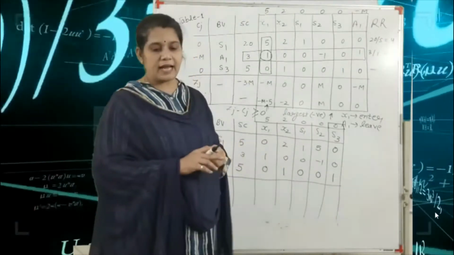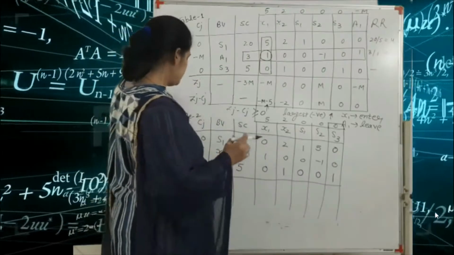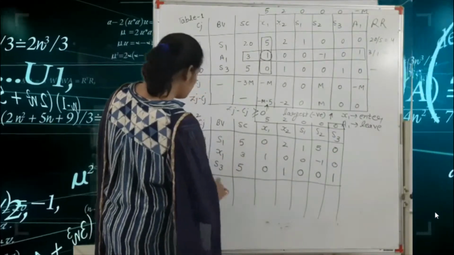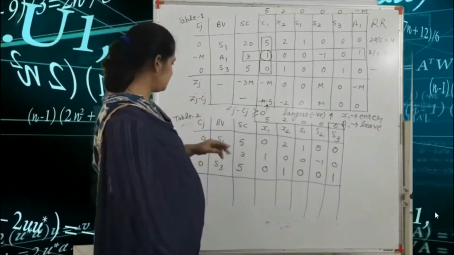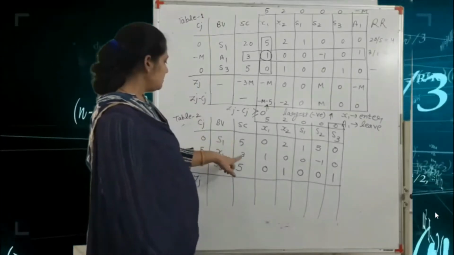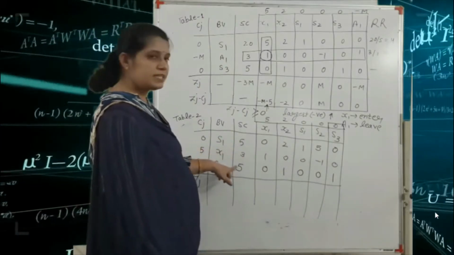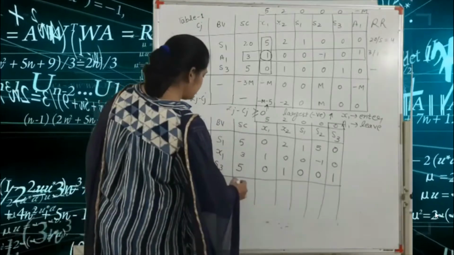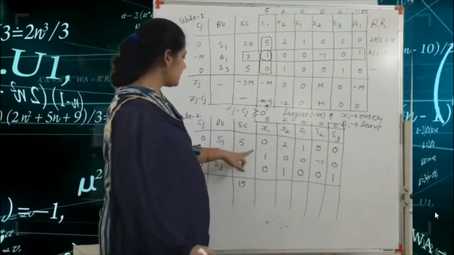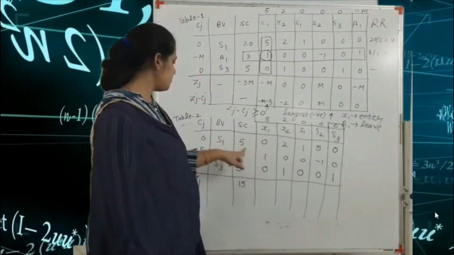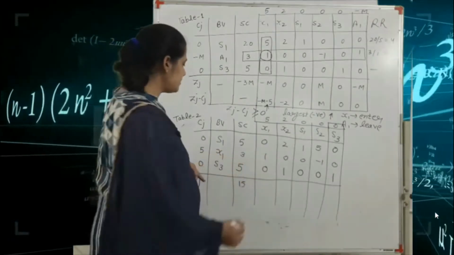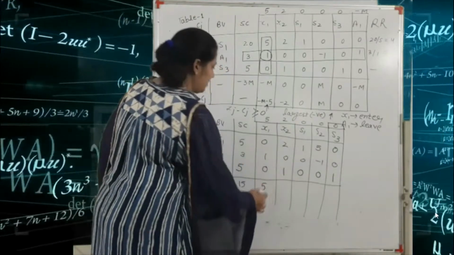After that you write the Zj value. For finding the Zj value, we write 5 into 0 plus 3 into 5 plus 5 into 0. That means we get the value 15. Next one, 0 into 0 plus 5 into 1 plus 0 into 0. That means we write here 5.